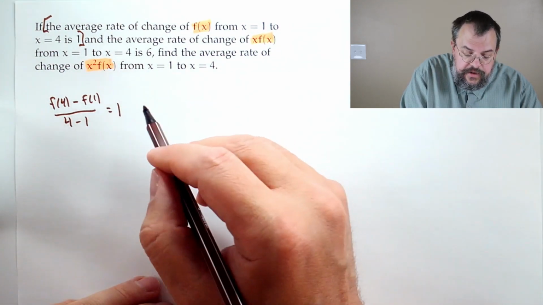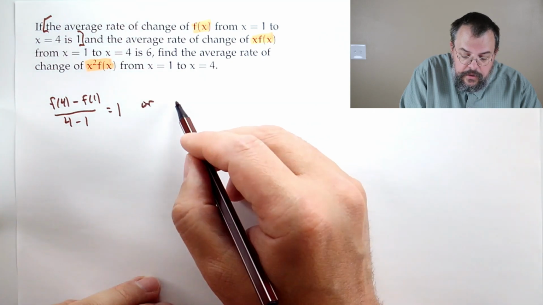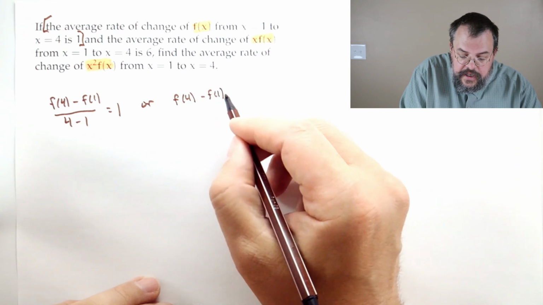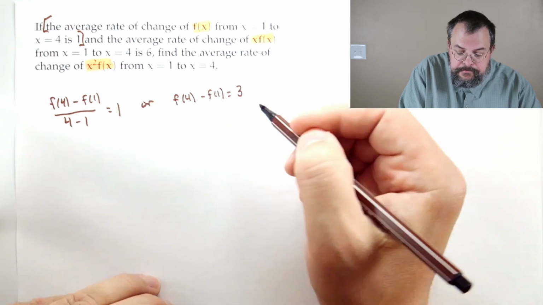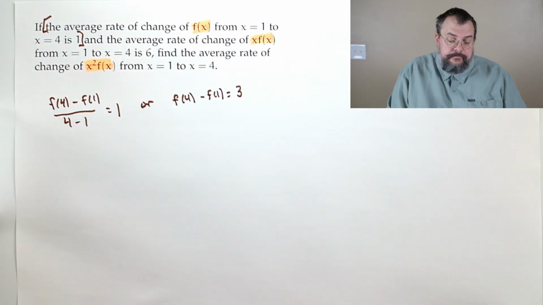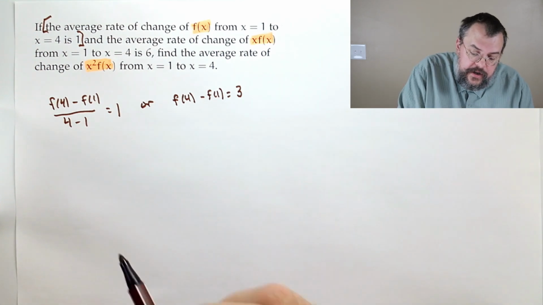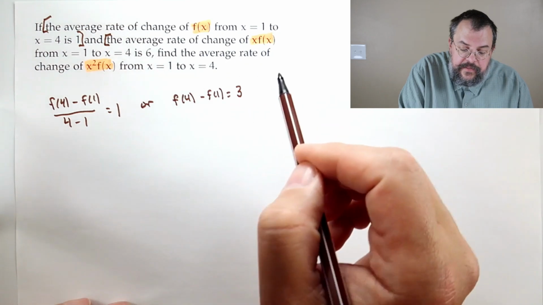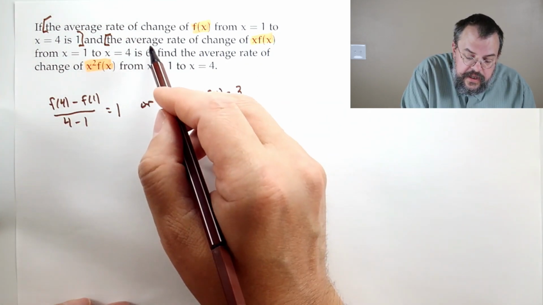And let's just go ahead and get rid of our fractions really quickly. So we can say f of 4 minus f of 1 is equal to 3. Okay, that's good. Now, our next statement. The average rate of change of x times f of x from 1 to 4 is 6.